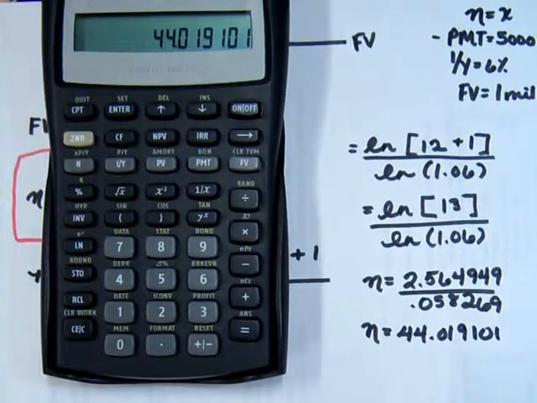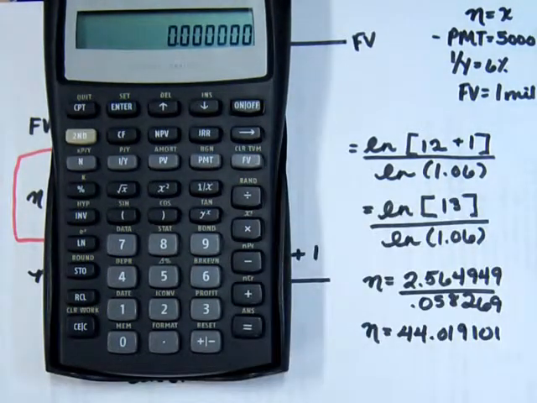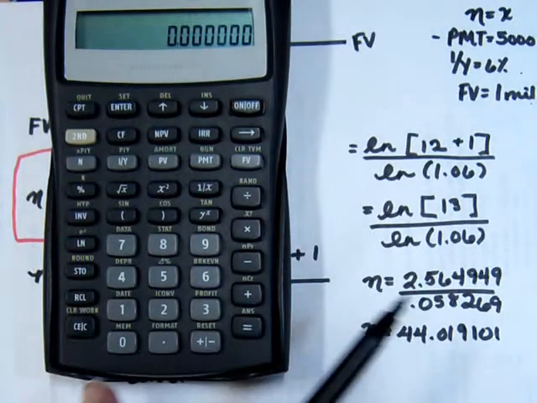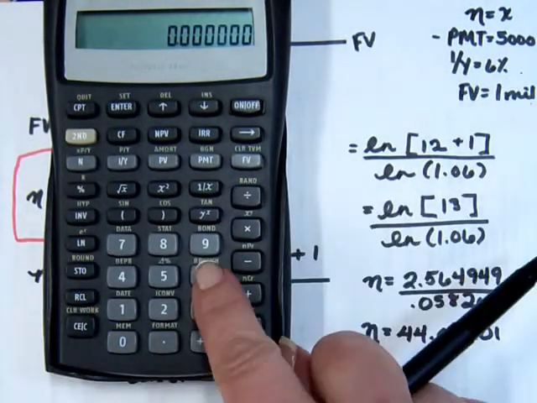Now, let's solve this same equation with the time value keys on the BA II Plus. We know our N is equal to X. Our payment is going to be negative 5,000. I/Y is 6. Our future value is 1 million. Let's go ahead and put all that in. N, we don't know what N is. I/Y is 6.